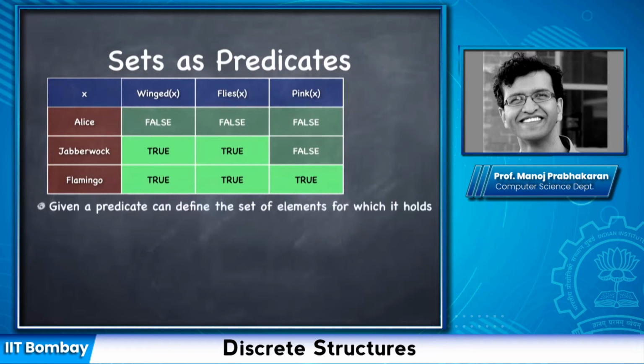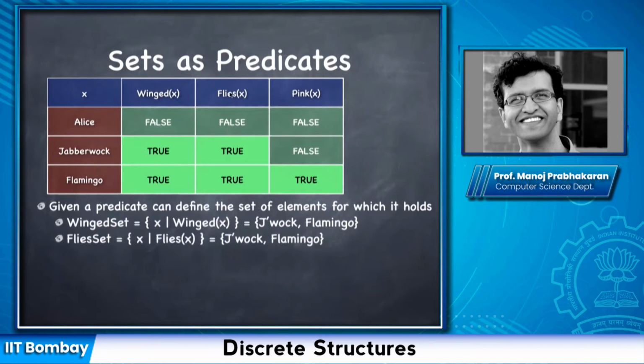Now, given such a predicate, you can consider the set of elements for which it holds. For instance, corresponding to the predicate winged, you can think of a set, which I'm calling here winged set, which is simply the set of all elements X for which winged X holds true. And here that set consists of Jabberwock and Flamingo.